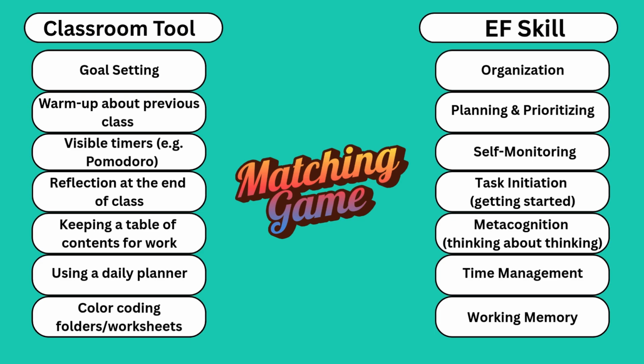So this is a great tool for learning organization, especially for younger students. But I mean, come on, even adults could benefit from color coding. I think a lot of people do that as adults in different parts of their house when they're trying to get organized. So take a look and try to match.